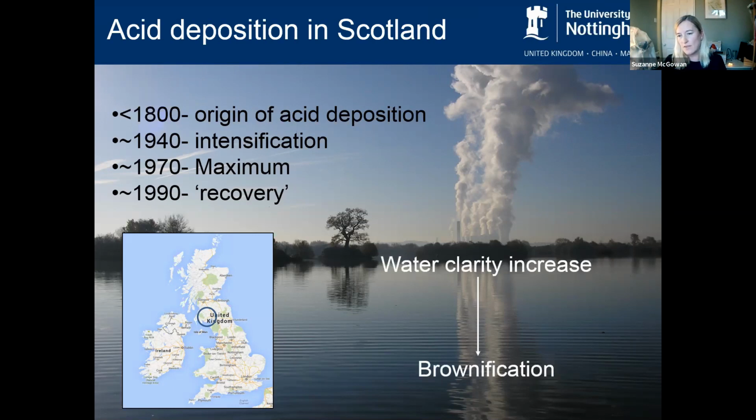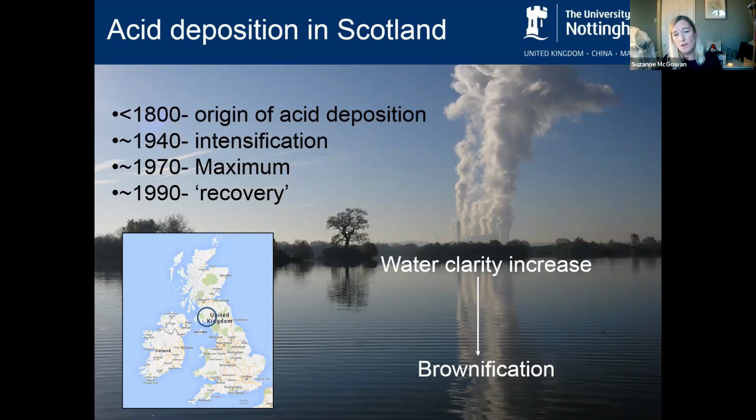What I'm interested in terms of the brownification story is that it's really well known that when a lake becomes acidified, one of the things that happens is that the DOM changes in its composition, and the water clarity increases really markedly. So you get these incredibly clear, gin clear, acidified lakes.